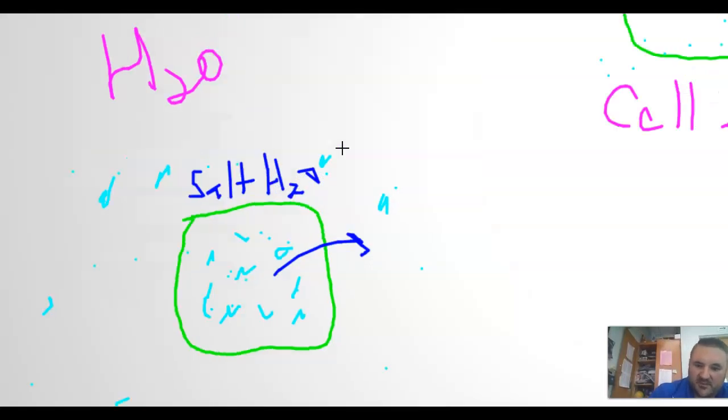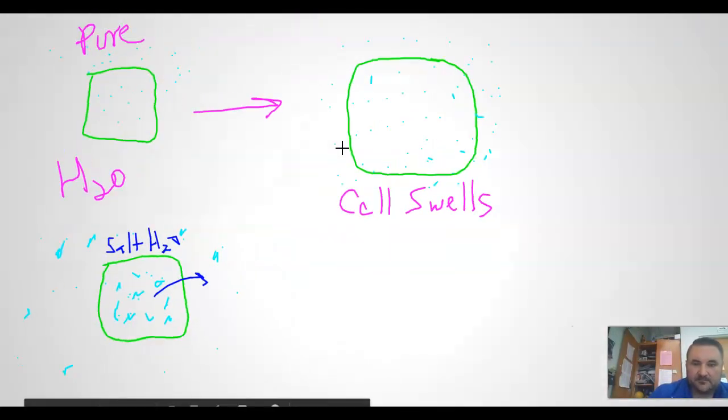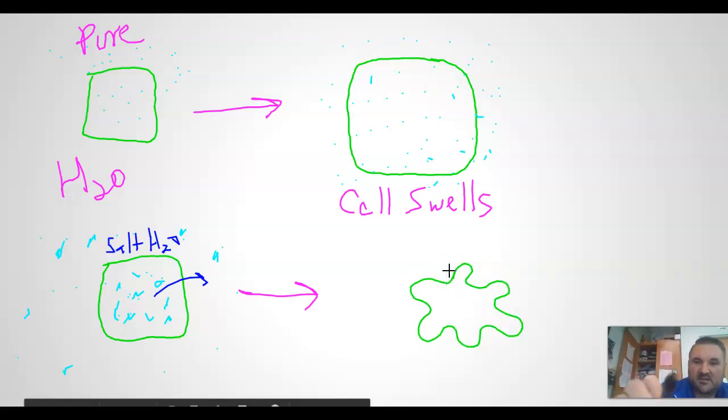And what's going to happen is the cell gets all wrinkly and it shrinks as the water evens out.